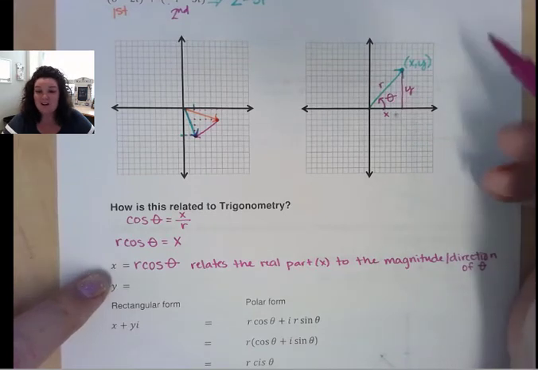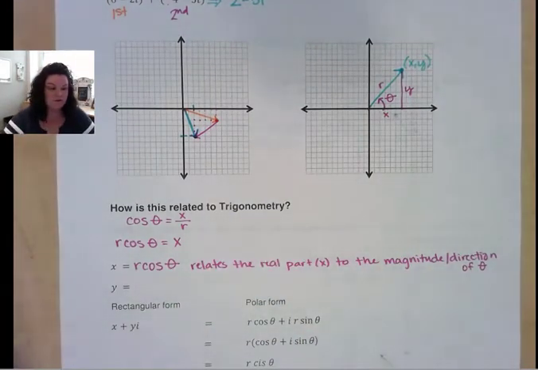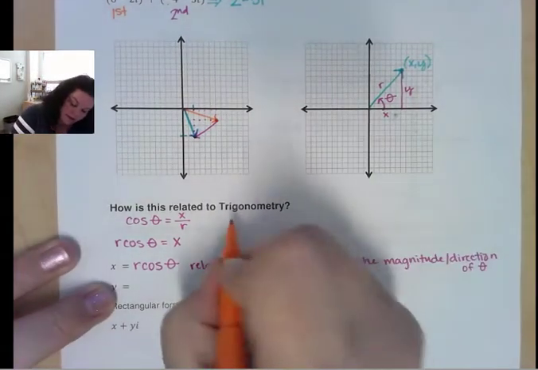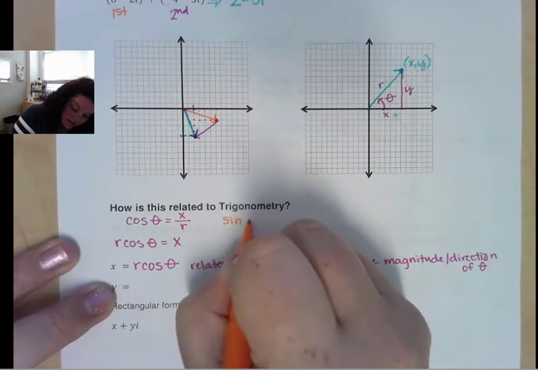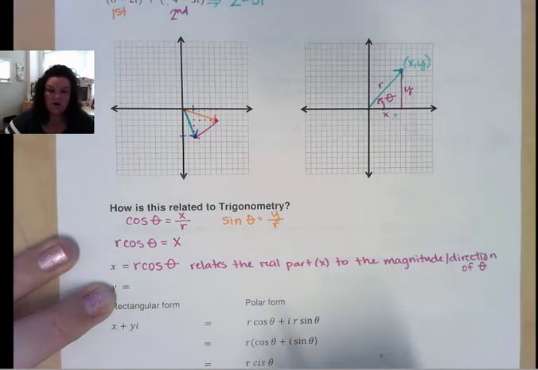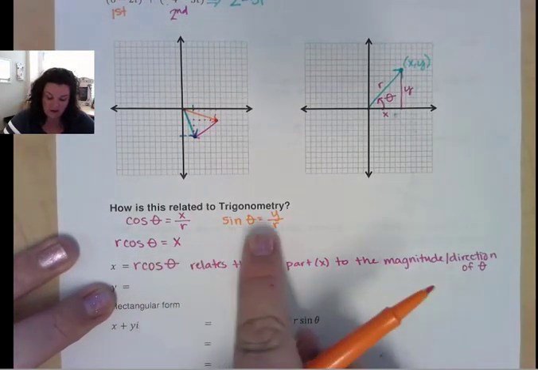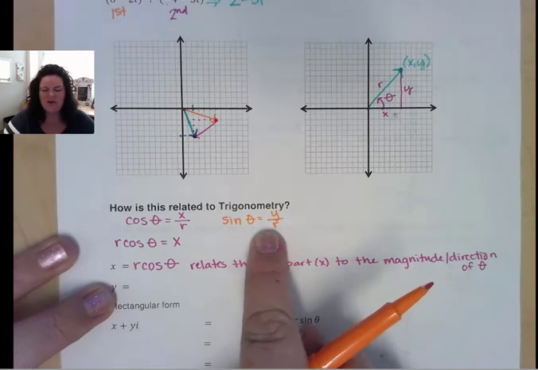So that's our sine function. Let me use a different color so it doesn't all start running together. So we could say that our sine theta is equal to y over r. And then just like we solved the cosine one for x, now we're going to solve this one for y.